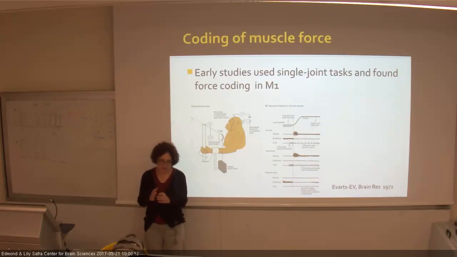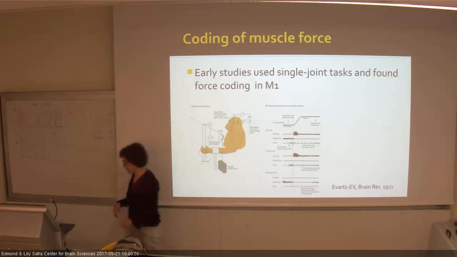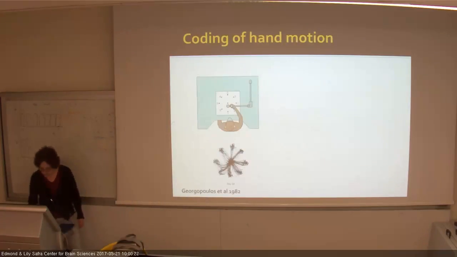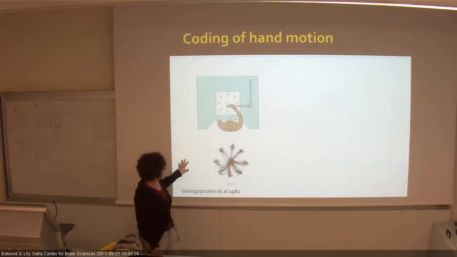There are too many parameters that are correlated. You cannot really distinguish between single joint, endpoint, force and direction, and so forth. So later on, about 10 years later, a different paradigm was suggested by Georgopoulos.